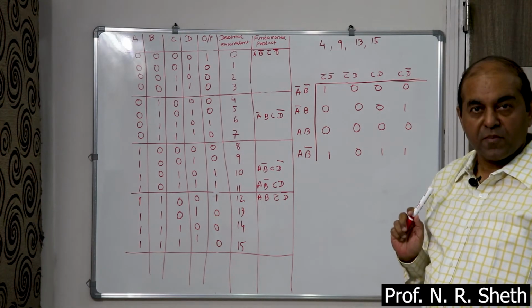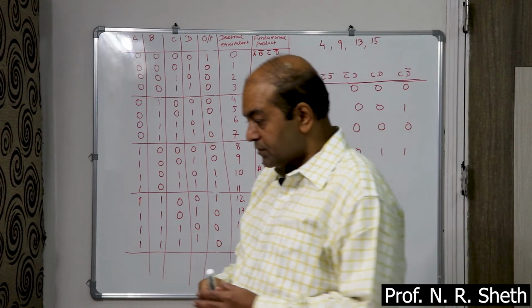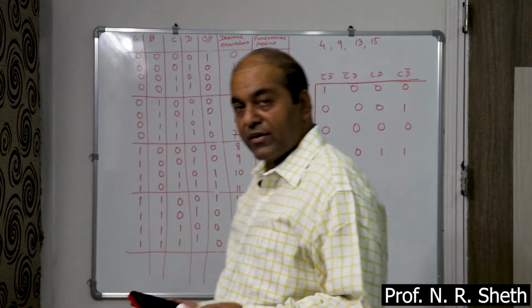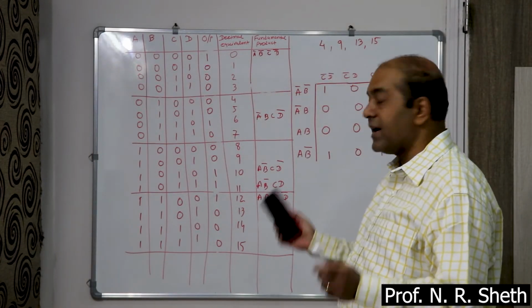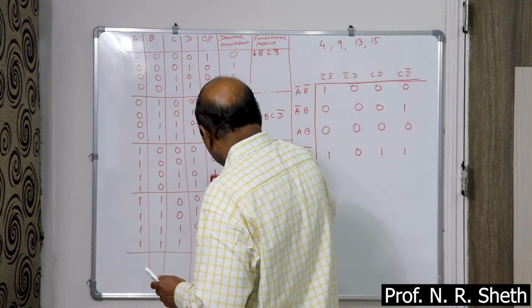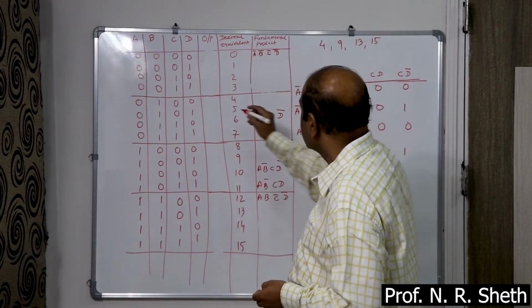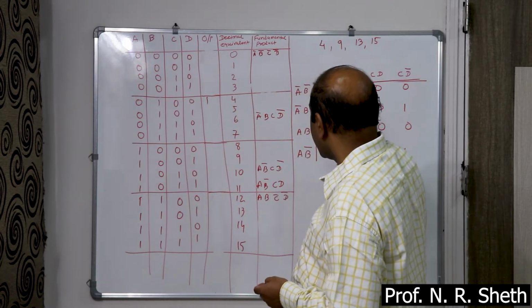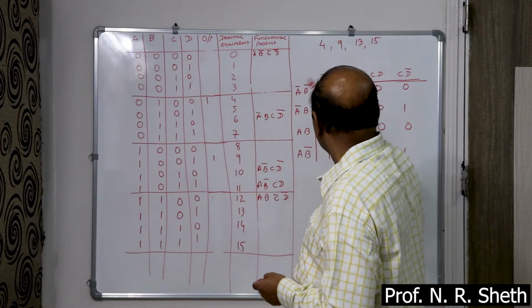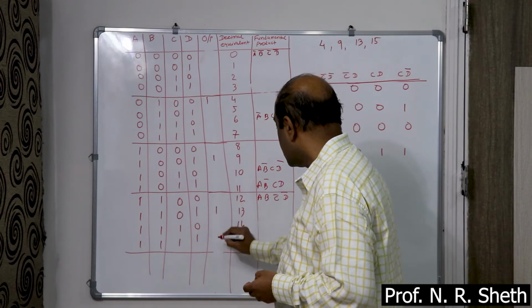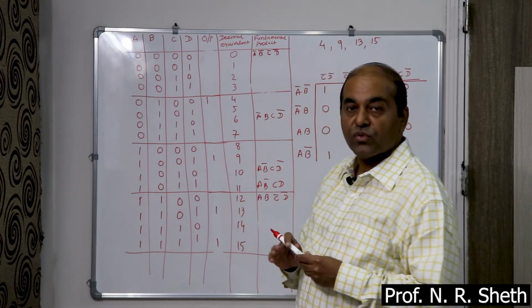Design the K-map. So you have to put the entire truth table. 4, that is here, 9 here, 13 here and 15. These are the 4 cases.